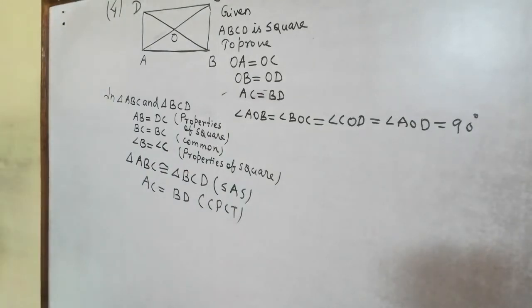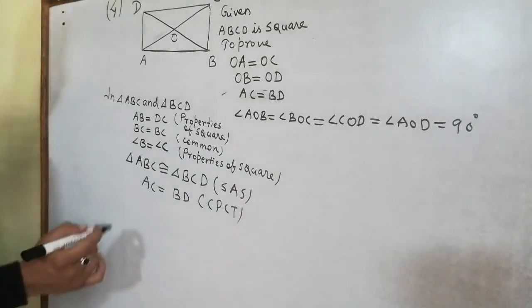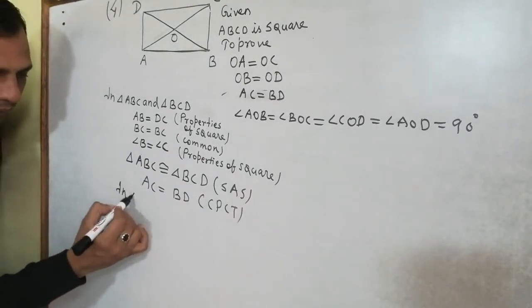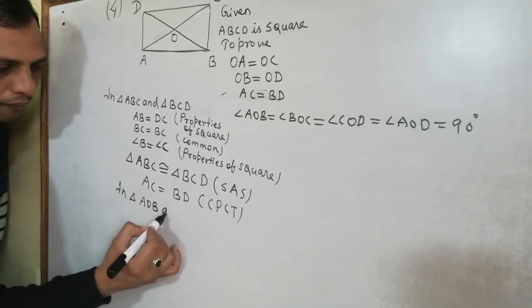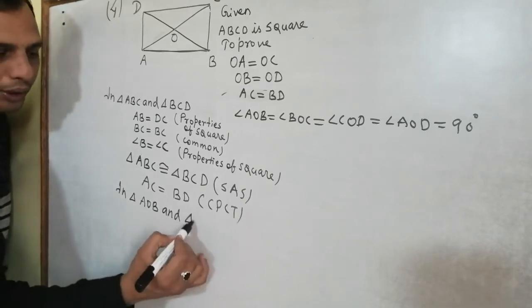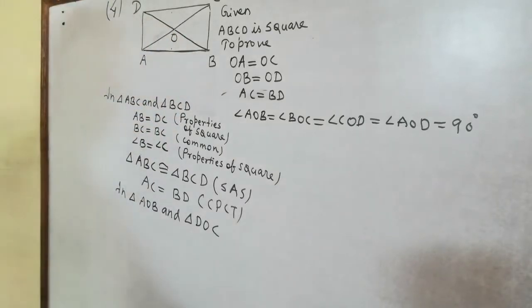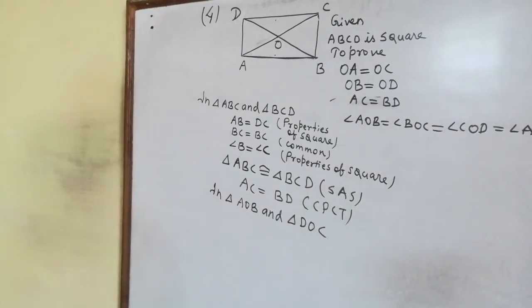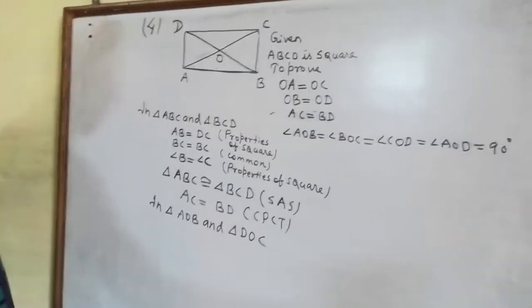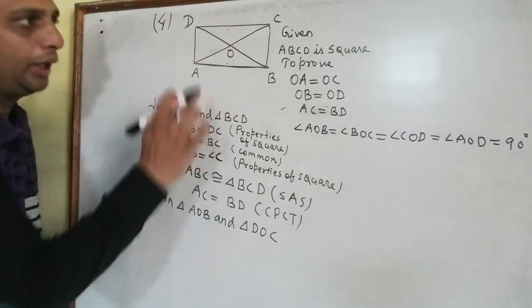For that I have to take other triangles. So I am going to take triangle AOB and triangle DOC. These two triangles, when you see them, many things are given equal. Now in AOB and DOC, we have to prove AO equal to OC and OB equal to OD.